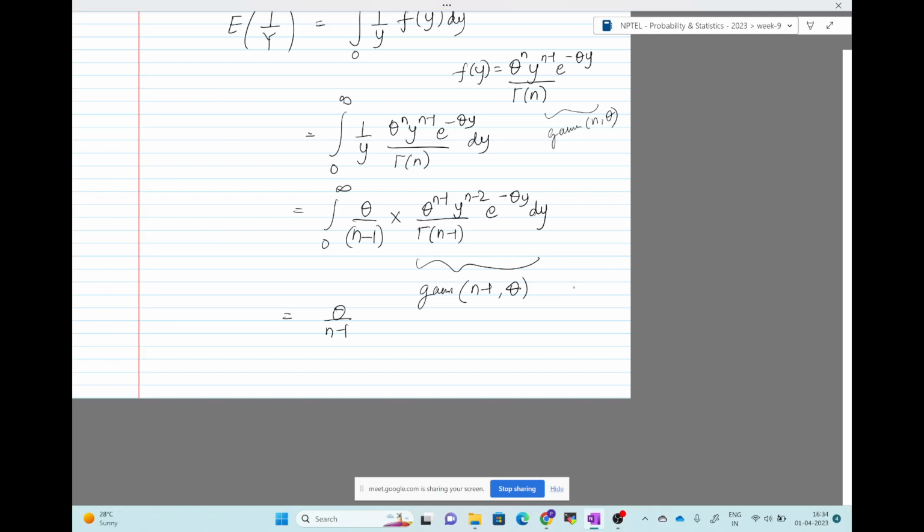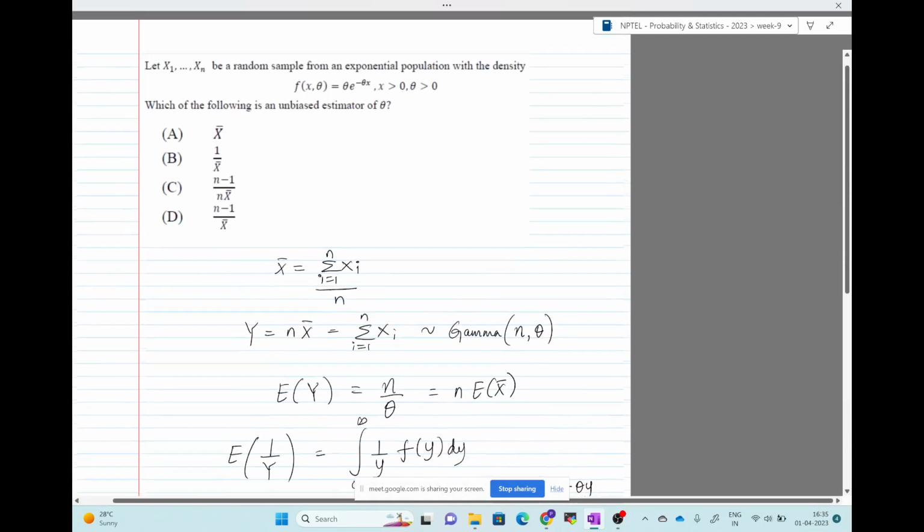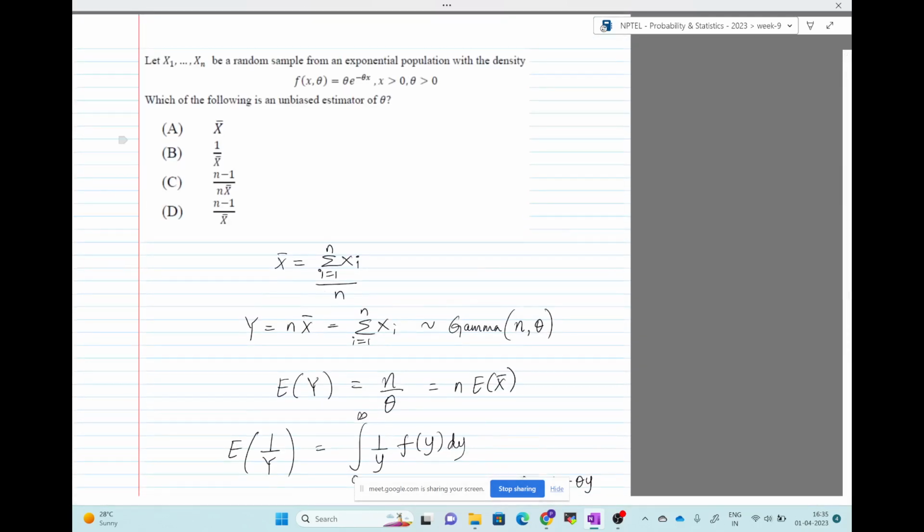Then you can say the expected value of (n minus 1) by y is equal to theta, which is equal to the expectation of (n minus 1) by n x bar. So we have this (n minus 1) by n x bar.